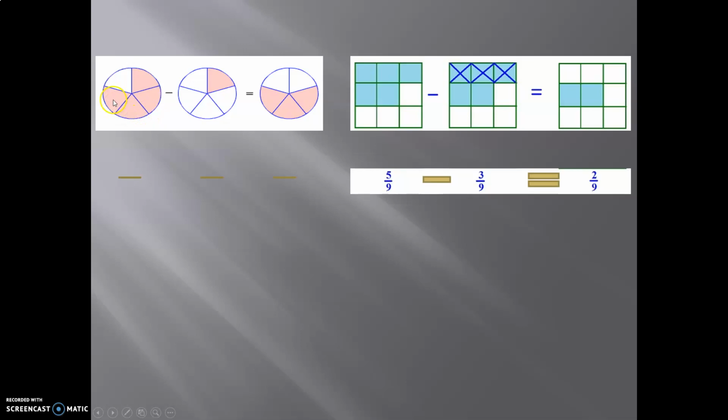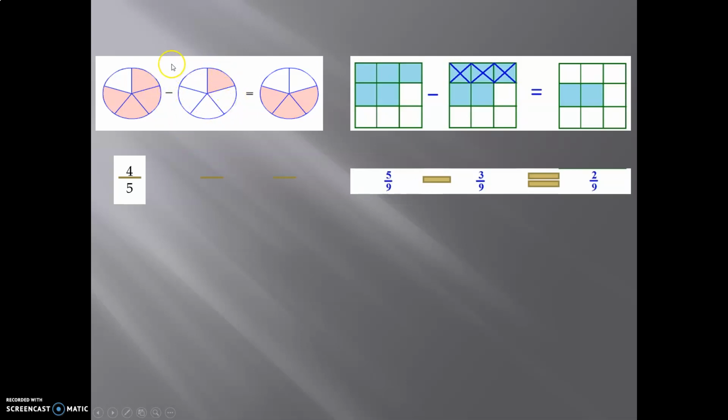Okay, look at this shape. I start by coloring 1, 2, 3, 4. 4 parts out of the total 5. But after a while I said, I need to take away 1 part. So I will minus 1 out of how many?